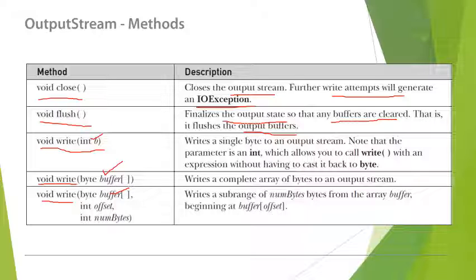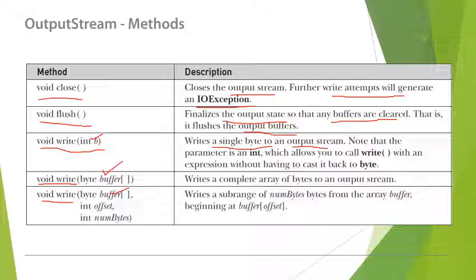So we can see void write(int b). It will write a single byte into an output stream. Similar to the input stream case where we read a single byte, here we write a single byte into the output stream.